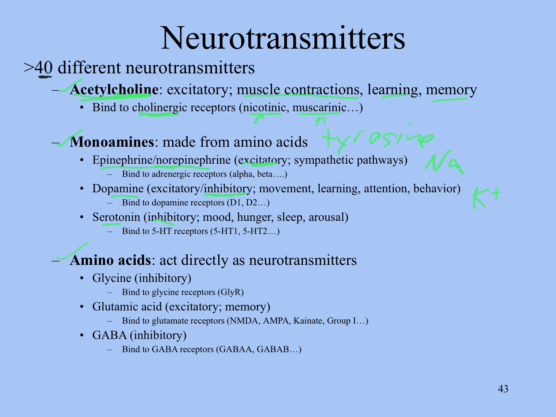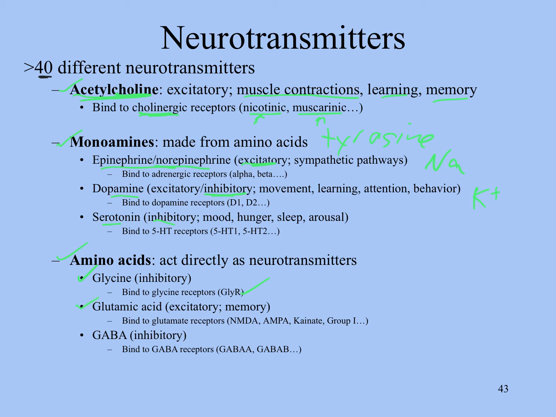Then amino acids can also act directly as neurotransmitters. So we have glycine, a single amino acid that goes into building proteins, but it can also serve as an inhibitory neurotransmitter when it binds to glycine receptors.